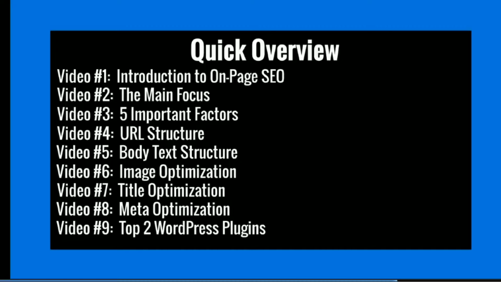Okay, so I'm going to pause this video, and the reason why I had you watch the quick overview is that's often the crucial part of understanding what's inside the video course. So we explained video number 1 was the introduction, number 2 was the main focus, number 3 was 5 important factors.